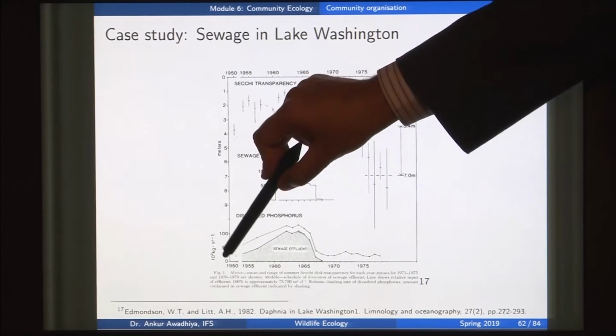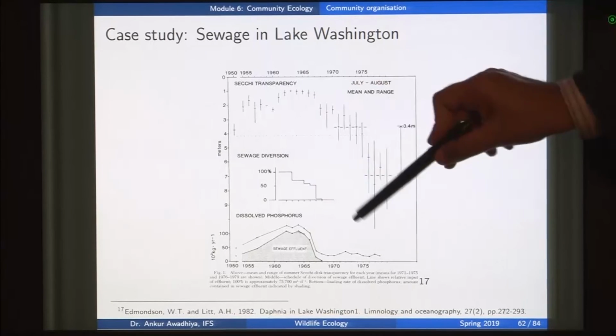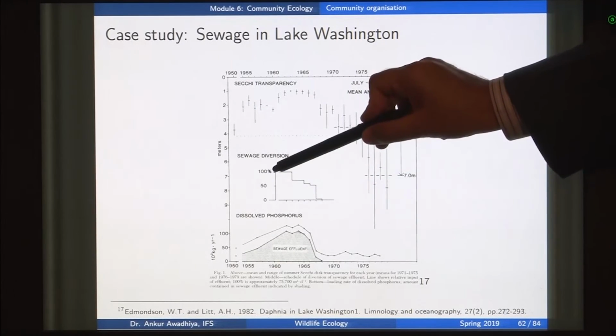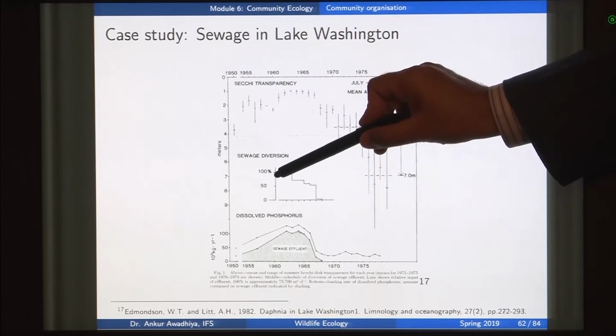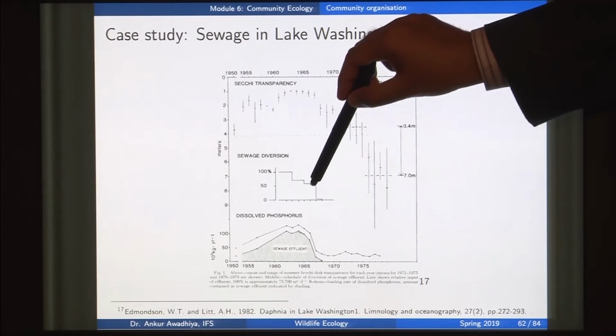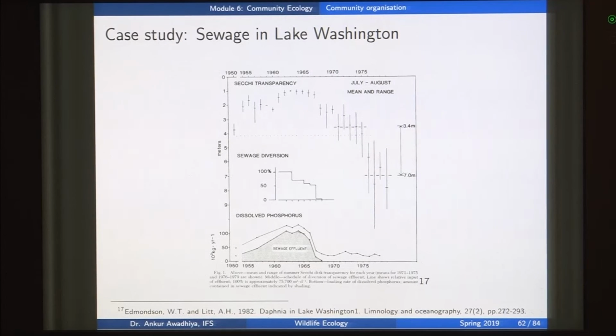On the x axis here we have the years, and around 1960 we had 100% of the sewage put into the lake, and then it was reduced in phases. So, in different phases the sewage was diverted into the seas.